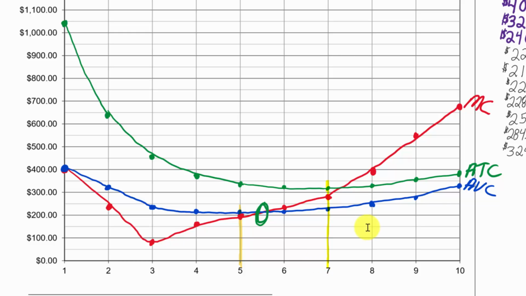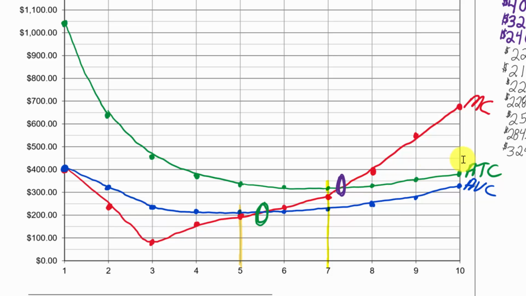The same thing happens with average total cost, except here it happens right here where those two cross, just past 7. So because those additional costs are below the average total cost, it keeps pulling the average down, down, down. As soon as the marginal cost crosses, it starts pulling the average total cost up, up, up.